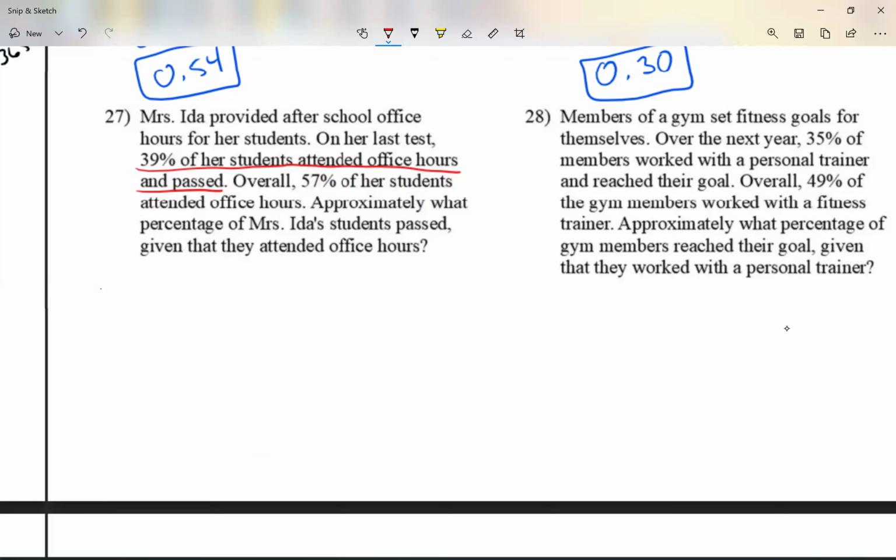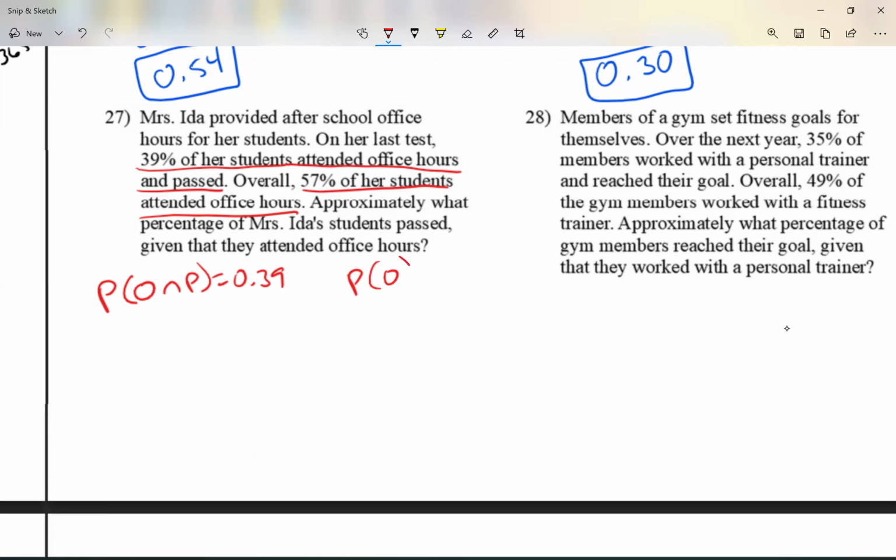So the probability of office hours and passed is 0.39. Overall, 57% of her students attended office hours. So the probability the student went to office hours is 0.57.